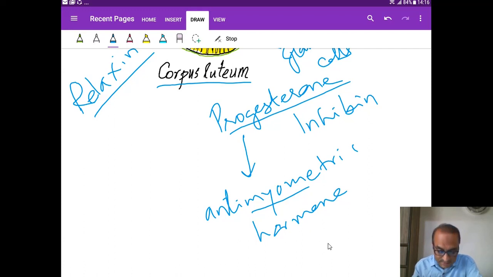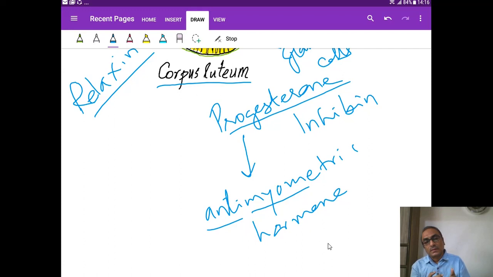So anti means against the muscular contractions in the wall of the uterus. It will stop the contractions of the wall of the uterus, so that the attached early embryo or blastocyst is retained there and will not be expelled out. So the wall of the uterus becomes static, and that is the function carried out by the progesterone.